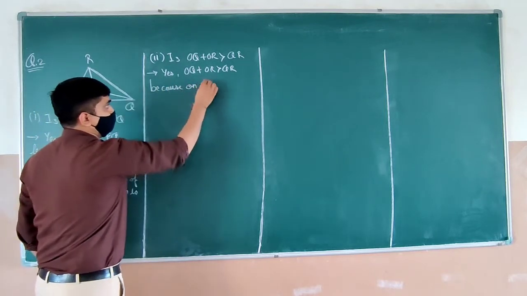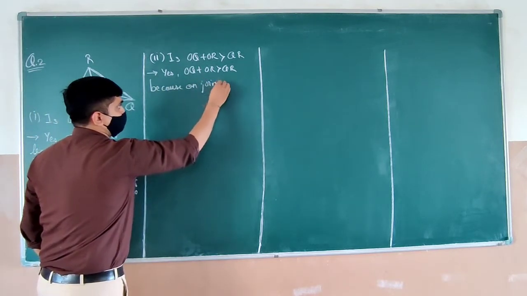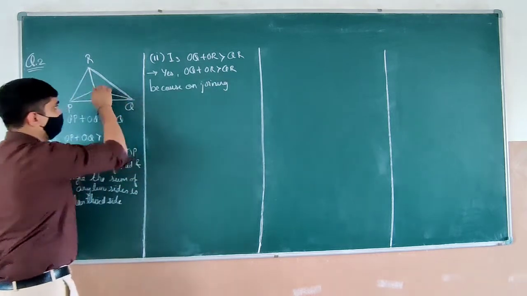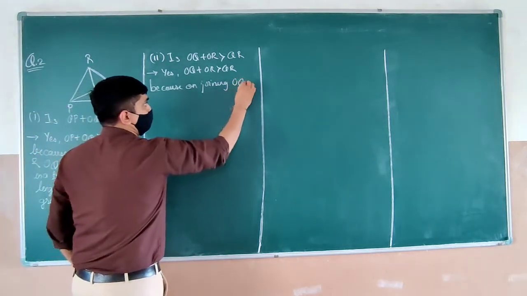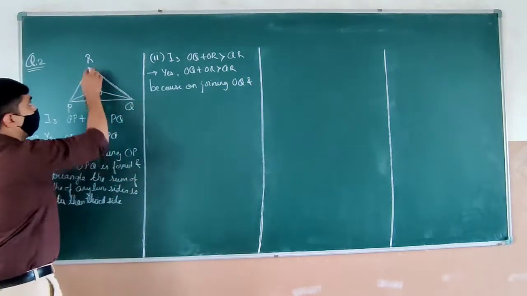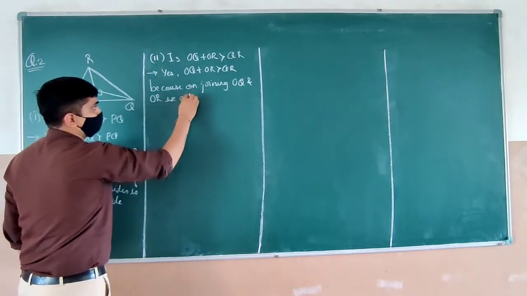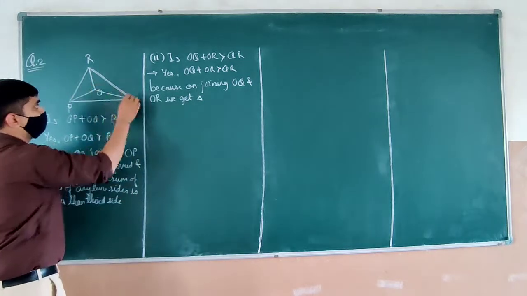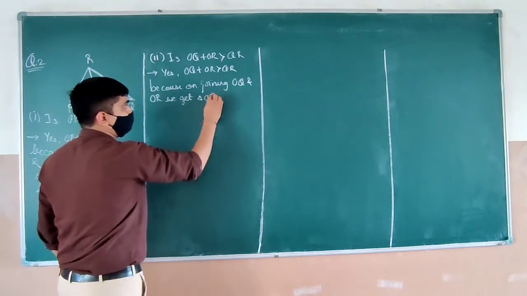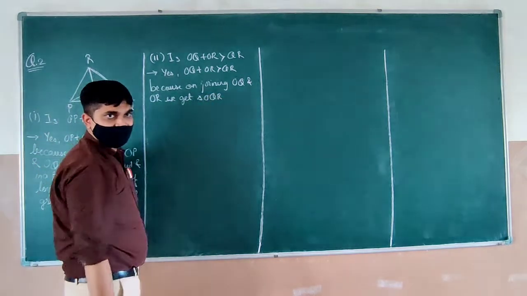On joining, what are we supposed to join right now? On joining OQ and OR, we get triangle OQR. Right?